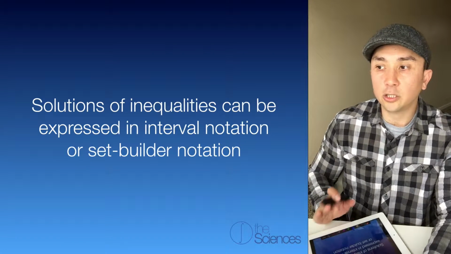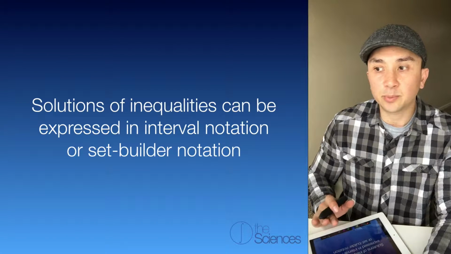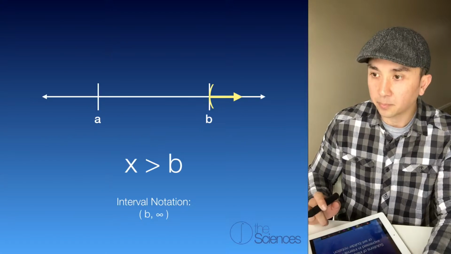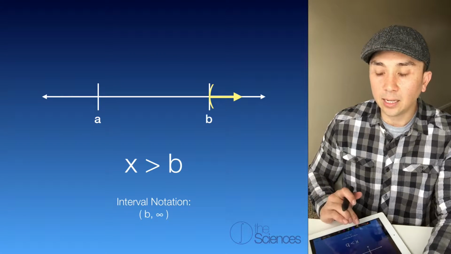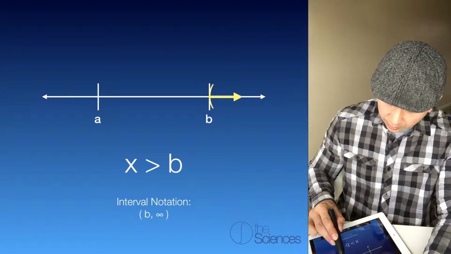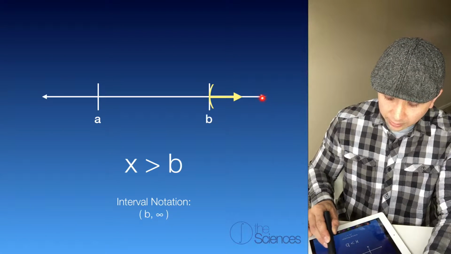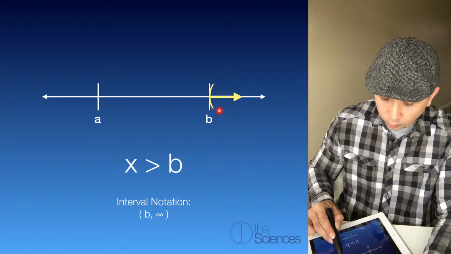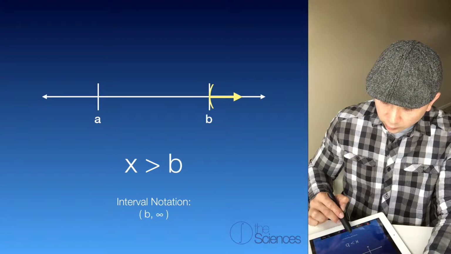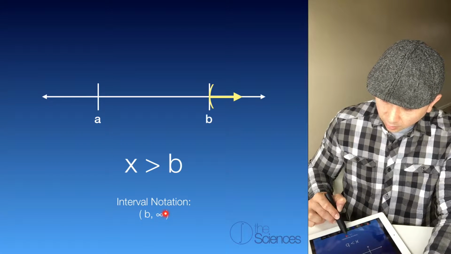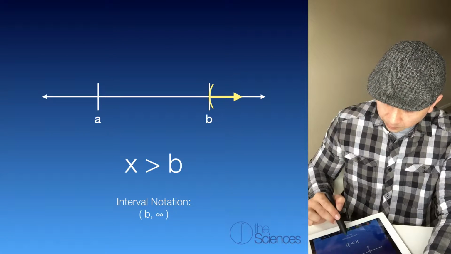Now solutions of inequalities can be expressed in interval notation or set builder notation. So here, x is greater than b. So we can see that x is going in this direction. It's greater than b, but does not include b. So in interval notation, we have b and all the numbers which are greater than b.